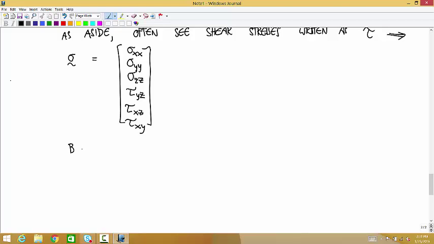So here's the benefit of that Voigt form.